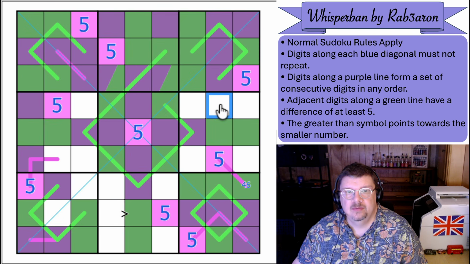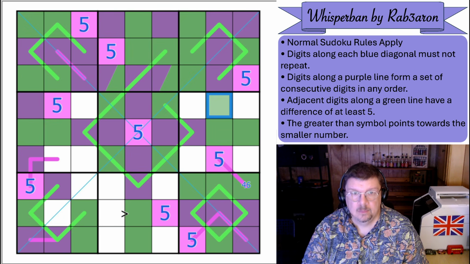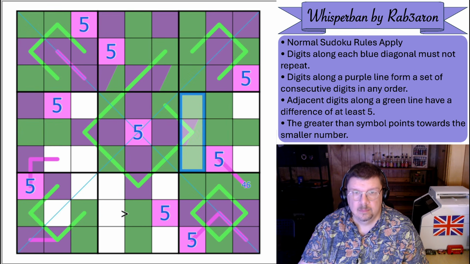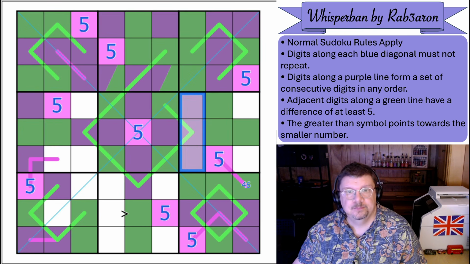This column needs a green here. I've got 4 greens in this column. These are purple. Purple.